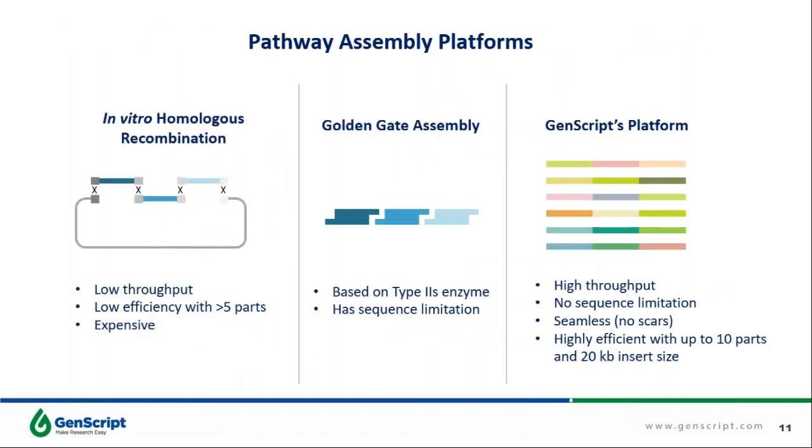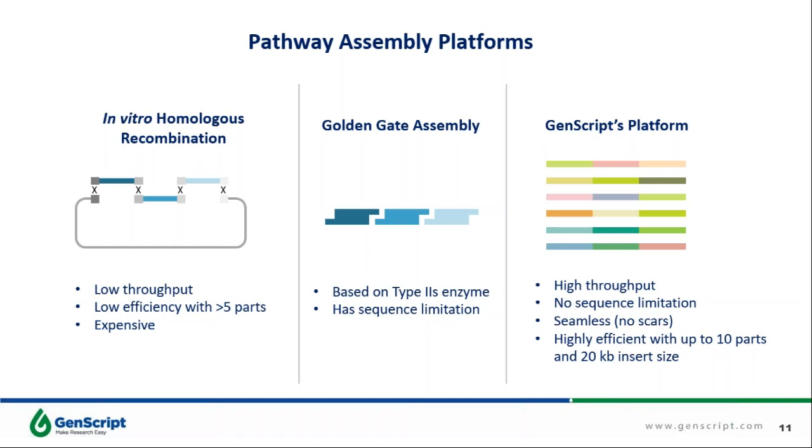There are some commonly used methods for multi-fragment DNA assembly. They all have their advantages and intrinsic limitations. Take the Golden Gate assembly, for example. It is based on type 2S restriction enzyme cutting and ligation, and it is very efficient to assemble more than 5 fragments. However, it has sequence limitations.